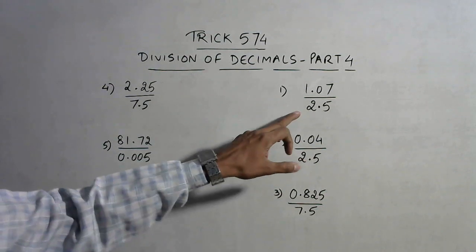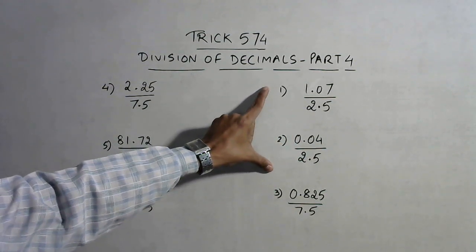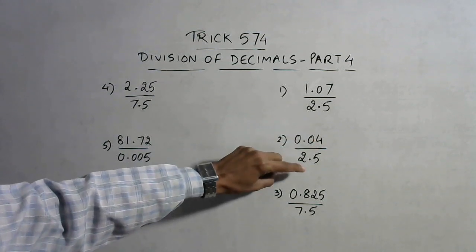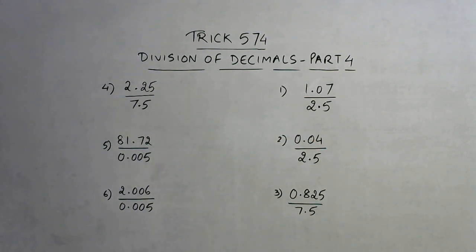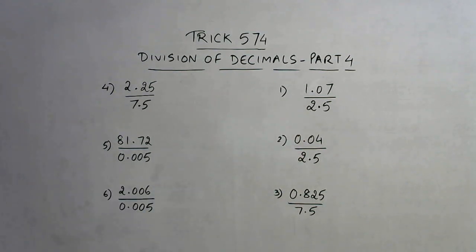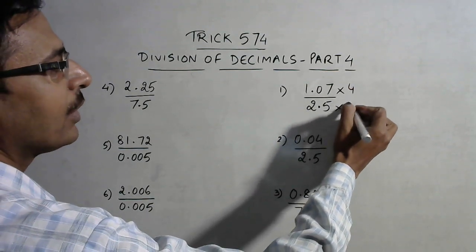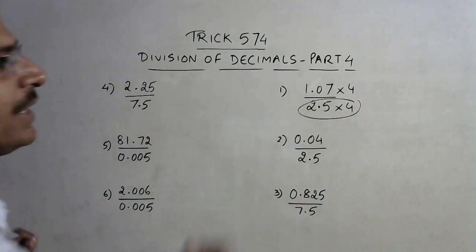Let's see the first one and the second one. In both the questions, we have a common thing, that is the denominator is 2.5. Now, how do we obtain 2.5? Is it related to a round figure quantity 10? Yes, it is. 2.5 into 4 is 10. So what you do here is to multiply the numerator by 4 and this becomes 10.